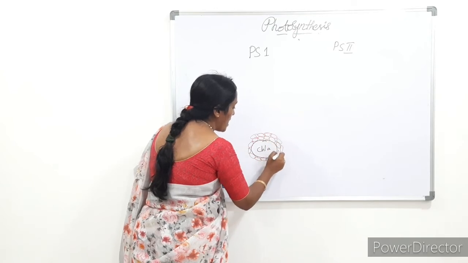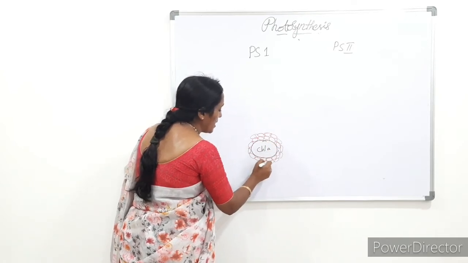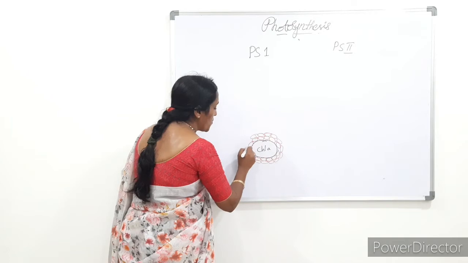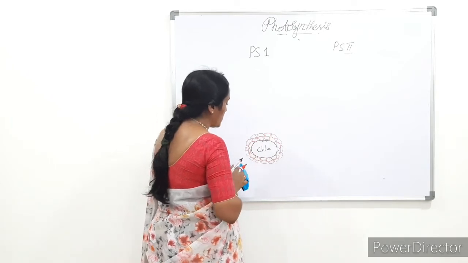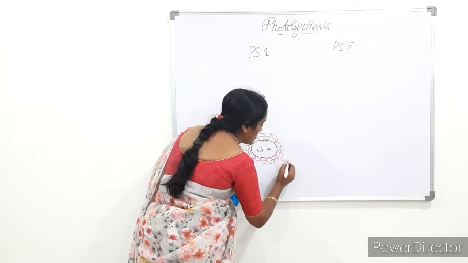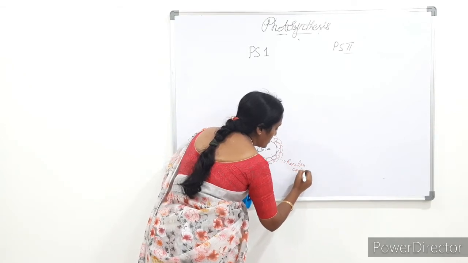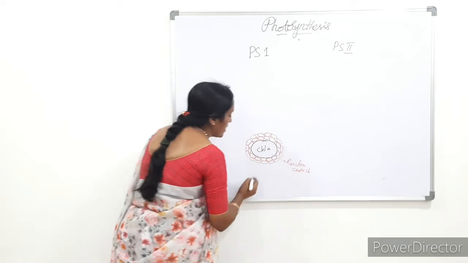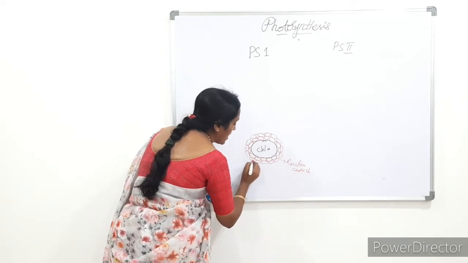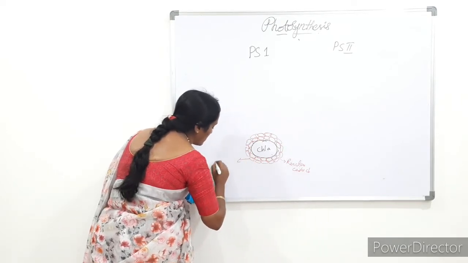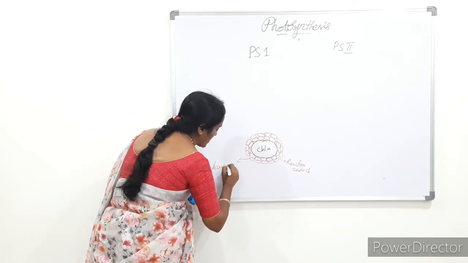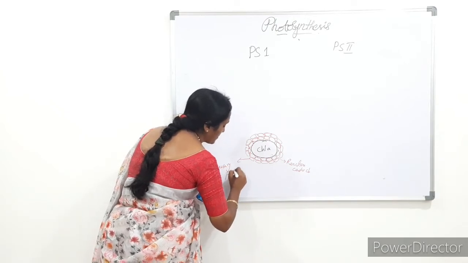Okay. And what happens here, when the light falls: this is the reaction center chlorophyll, and these are accessory pigments.